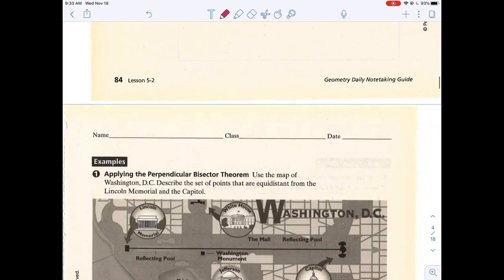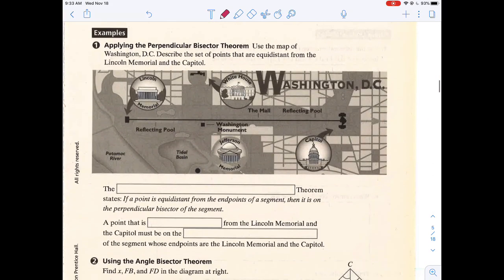Okay, let's take a look at some examples. So this first one is applying the perpendicular bisector theorem. Use the map of Washington, D.C. to describe the set of points that are equidistant from the Lincoln Memorial and the Capitol.